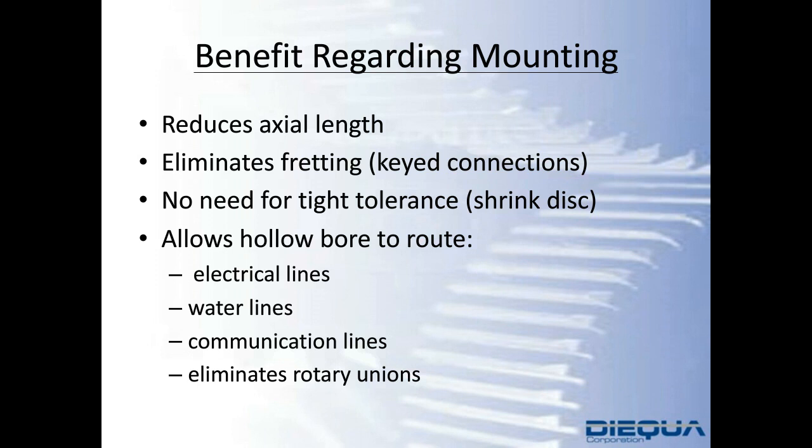Also, as you're routing these elements through a hollow bore, many times you need to use a rotary union to connect the various components to maintain signal, or to maintain the electrical feed. Many of those components come at some higher cost, and are also wear components, so having the hollow bore through the robot flange minimizes that maintenance requirement for the customer and keeps uptime at its greatest.